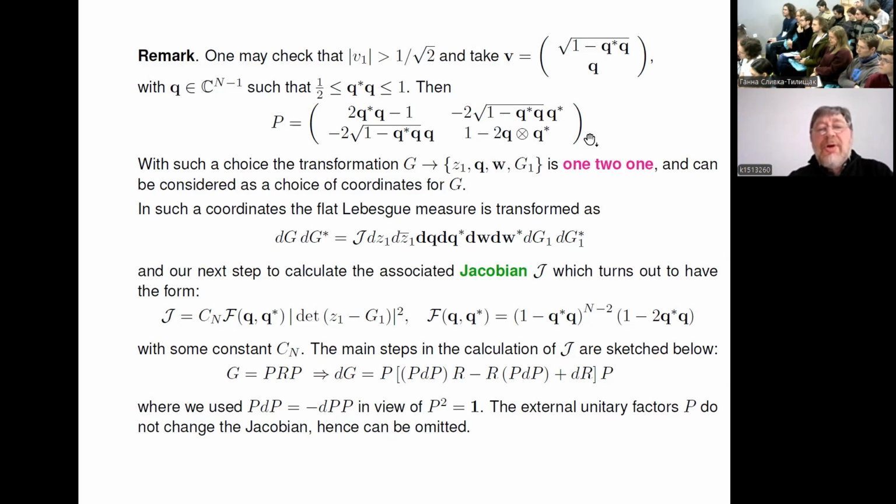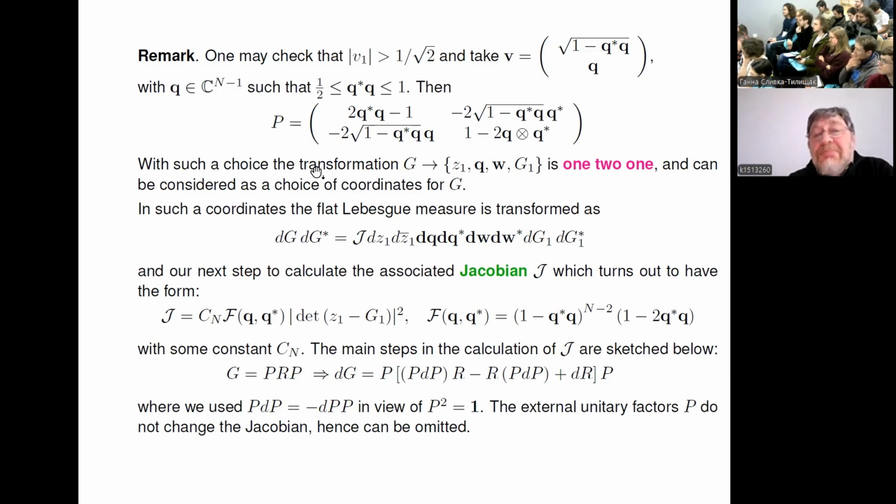And with this choice, one can show that the transformation from the original set of n squared complex entries of matrix G to the set of n-1 squared complex entries of G1, then n-1 complex variables in W, n-1 complex variables in Q, and 1 complex variable, is a one-to-one mapping.